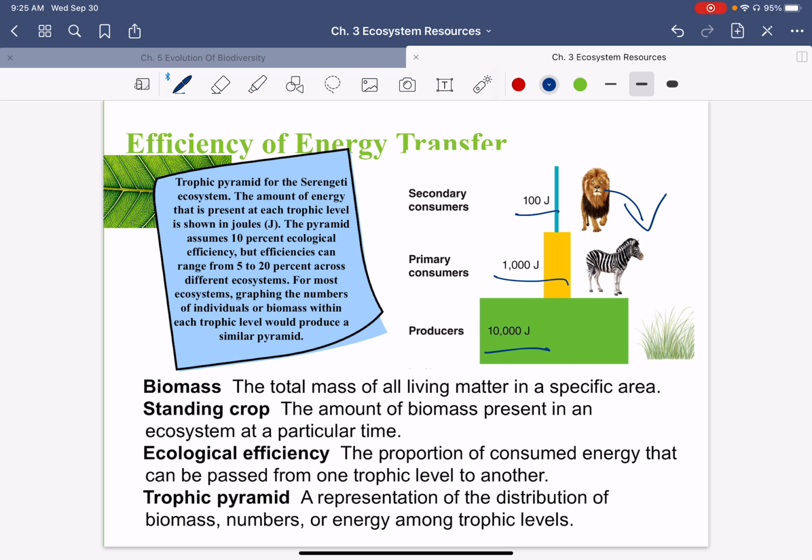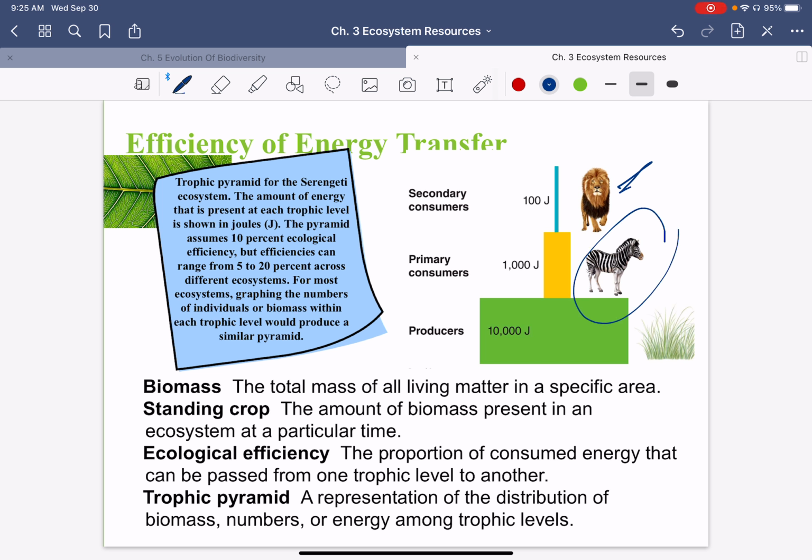That's an important idea here. That also explains a few extra things. It explains why there's not that many top predators. It also explains why most predators are actually pretty small. I mean, think about it. With a couple of exceptions like orcas and some of the very large sharks, most predators are less than 500 pounds.